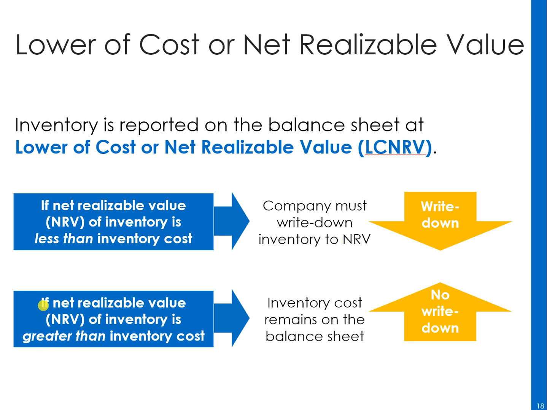However, it's not that case if the value goes up. When the net realizable value goes up, we do nothing. Therefore, inventory is reported on the balance sheet at the lower of cost or net realizable value. In other words, we can only take the loss from inventory devaluation, but there's no gain for inventory appreciation.